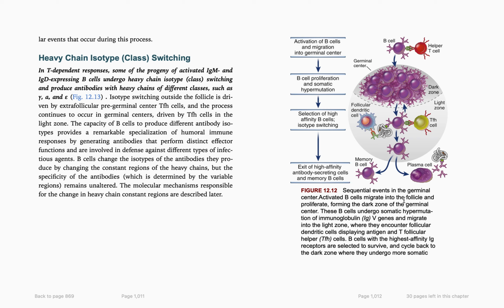Activated B cells migrate to follicles and proliferate, forming a dark zone in the germinal center. These B cells undergo somatic hypermutation of immunoglobulin IgV genes, and migrate to light zones where they encounter follicular dendritic cells displaying antigen and T follicular helper cells.